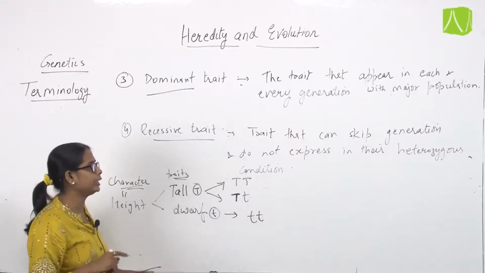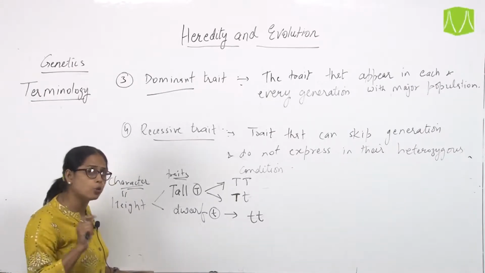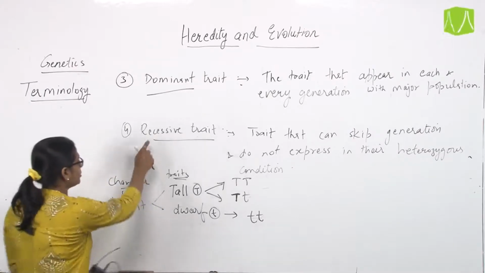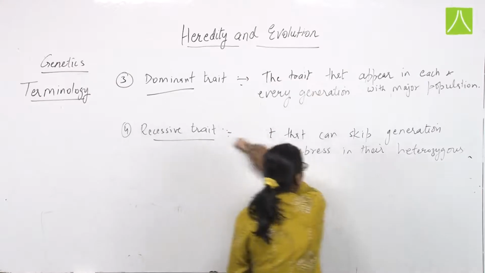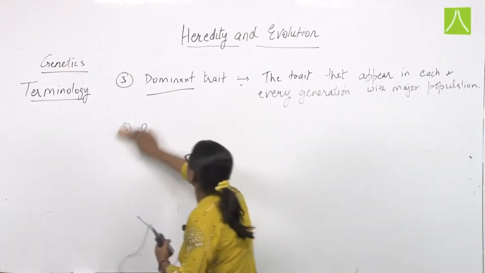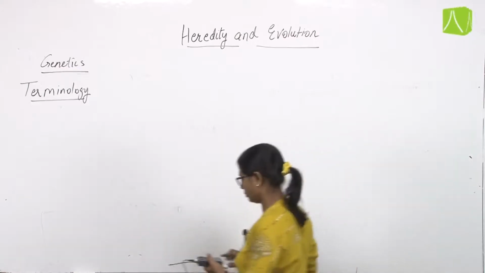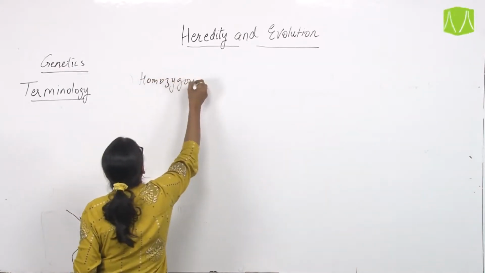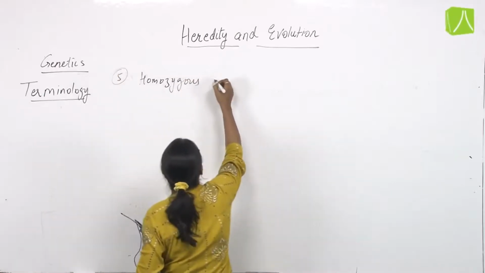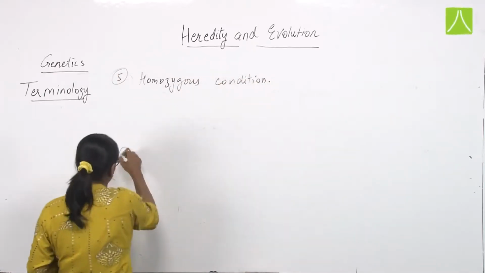So that is why the trait that can skip generation or may appear only in its own homozygous condition is known as recessive trait. Now the next terminology is homozygous condition and heterozygous condition.